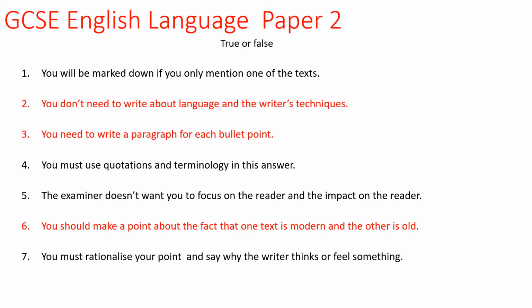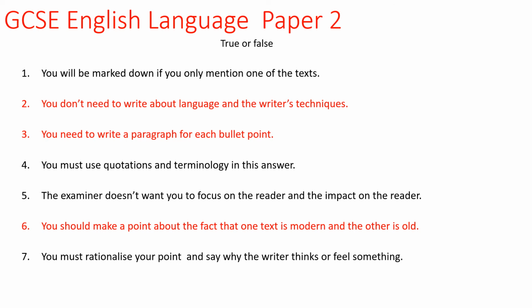Okay, avoid that where possible. Yes, they will be from different periods of time, but really there'll be something else about the angle and there'll be something interesting. Yes, Victorians might view cars differently to modern people, but really you can explain that in a bit better way than just saying one is a modern text, one is an old text. So you've got to really explain that point.